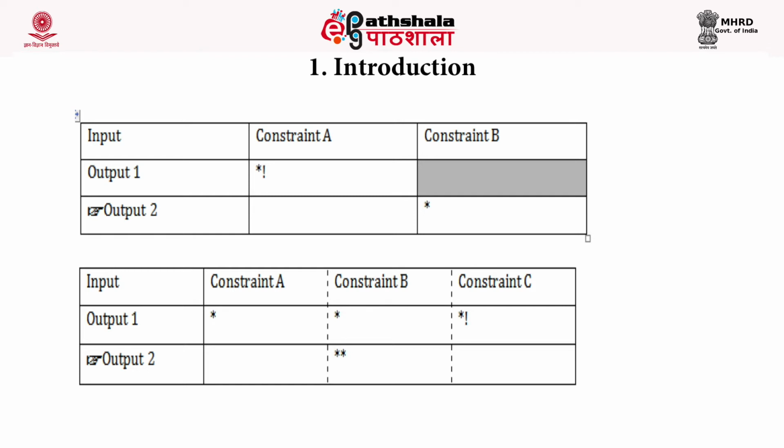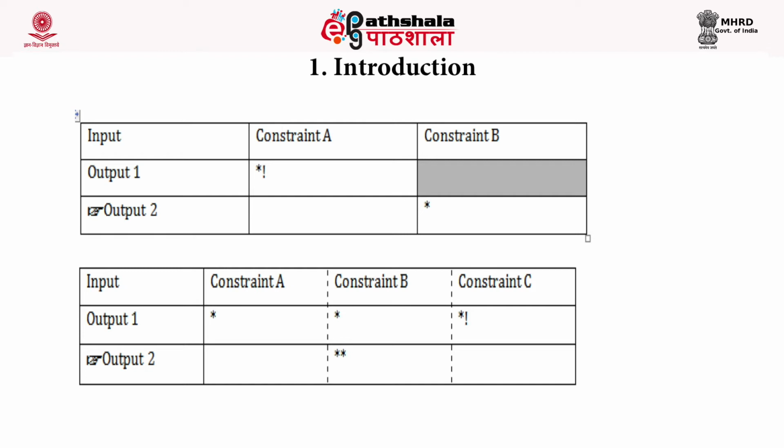In the second image, we can see there are three constraints, A, B and C, with dotted lines between all three. The dotted lines signify that these constraints are unranked, that is, there is no hierarchical ranking among them. There are two output candidates.